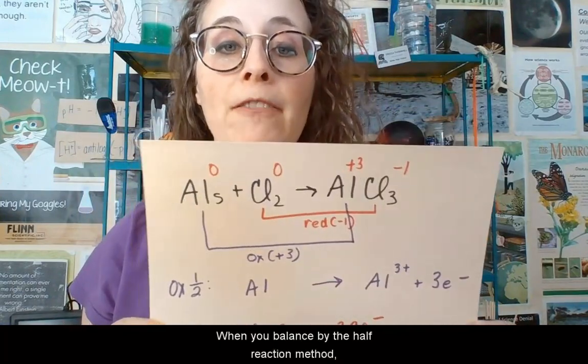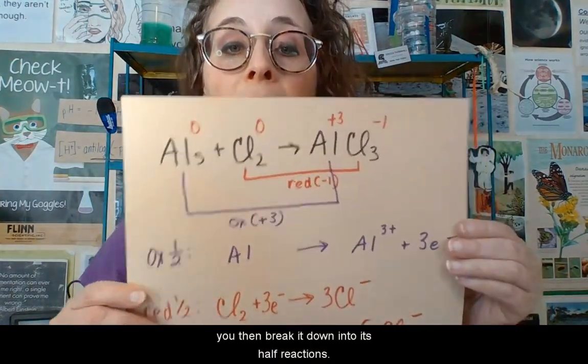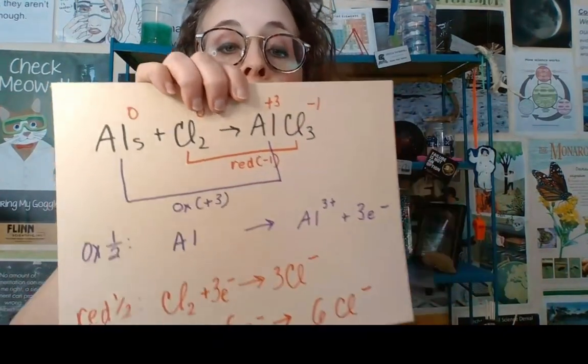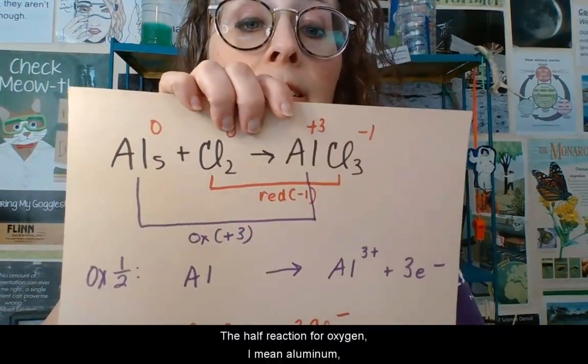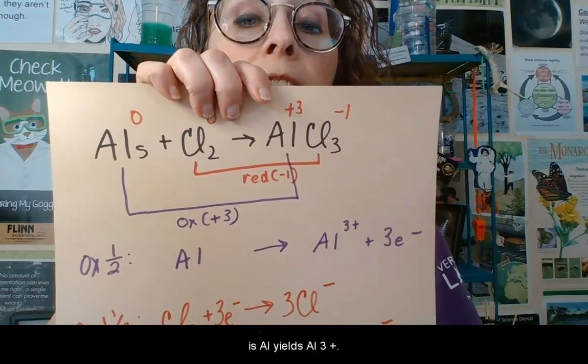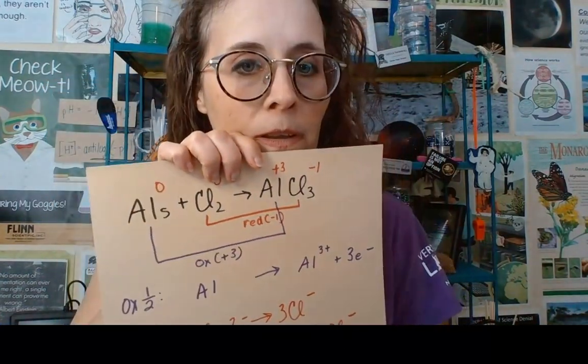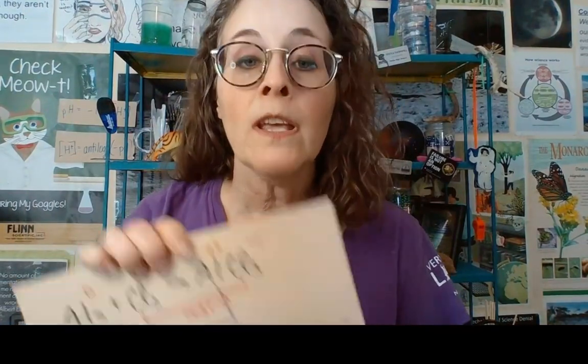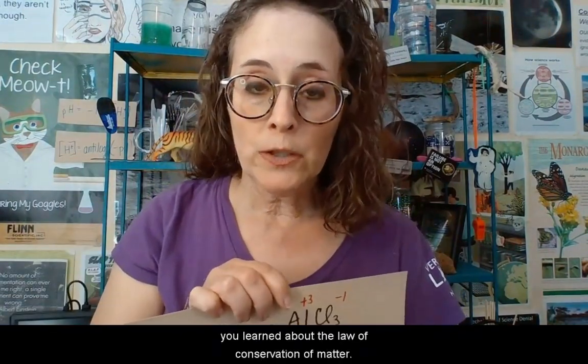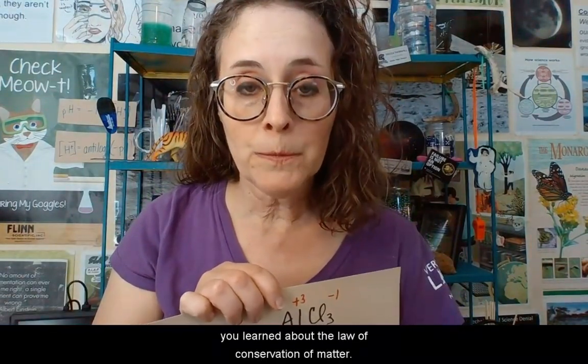When you balance by the half reaction method, you break it down into its half reactions. The half reaction for aluminum is Al yields Al3+. But you know what? At the beginning of chemistry, you learned about the law of conservation of matter.